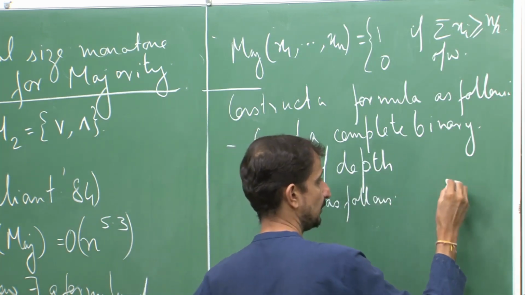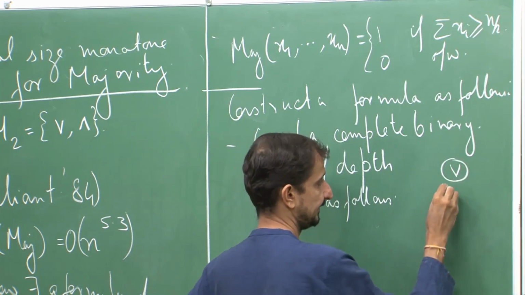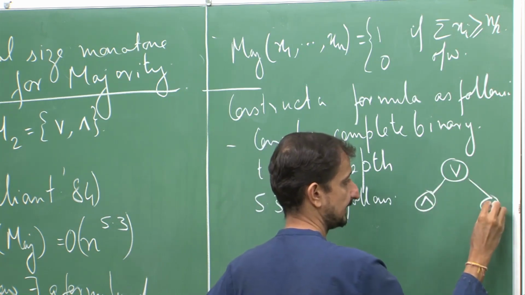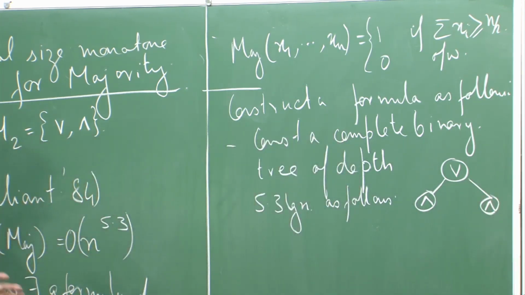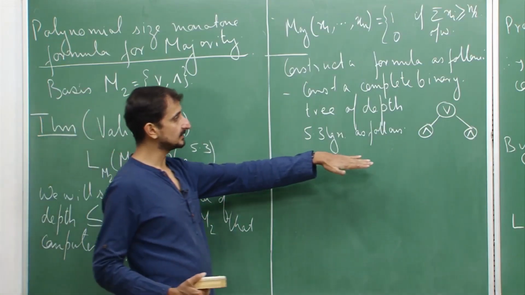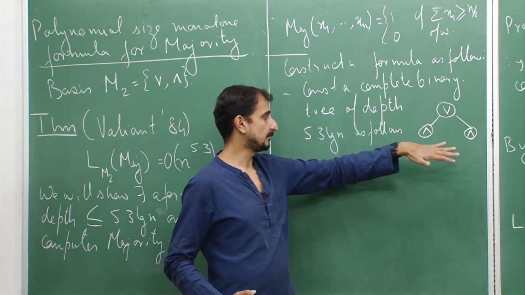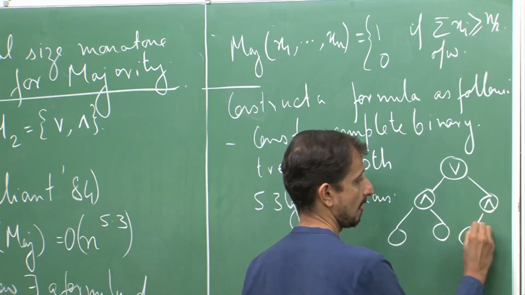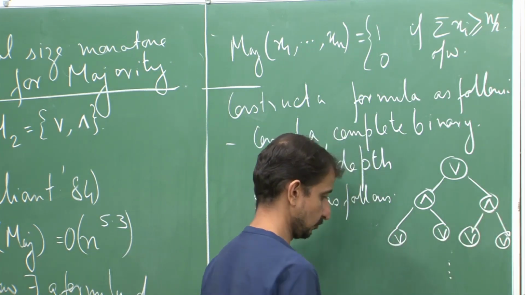Let us say we have an OR gate at the top, then its children will both be AND gates, and essentially we will have this complete binary tree, and alternatingly in alternate layers we will put AND and OR gates. At the first layer we have OR, then AND, then again ORs and so on.